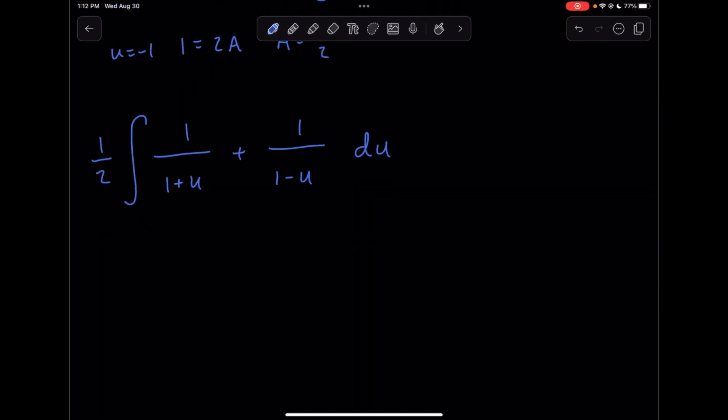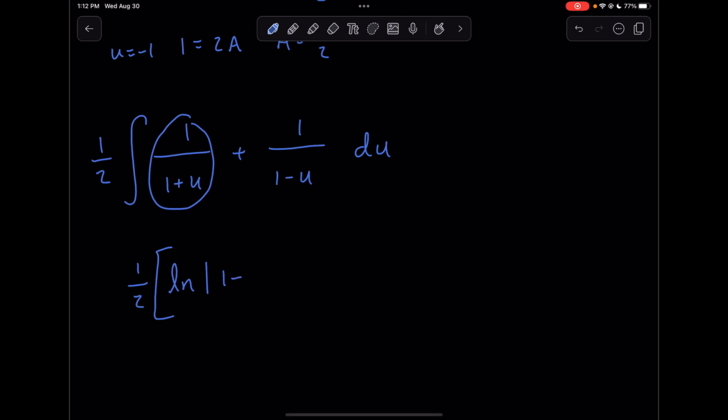We know that these will turn into natural logs. So this is 1 over 2. The first one will become ln absolute value of 1 plus u. And the second one will become negative ln absolute value of 1 minus u.